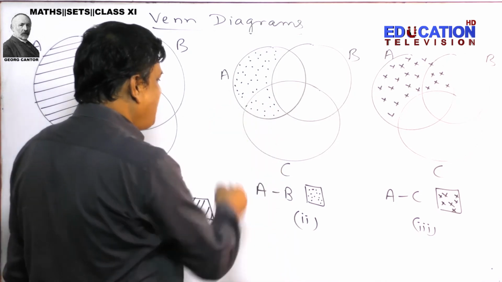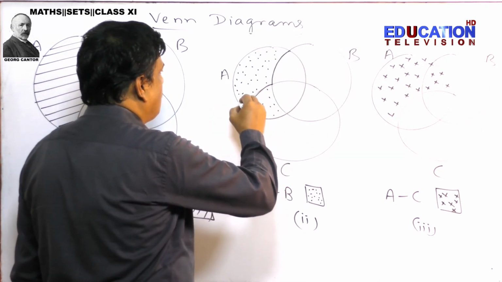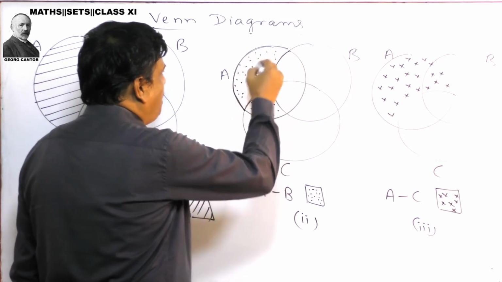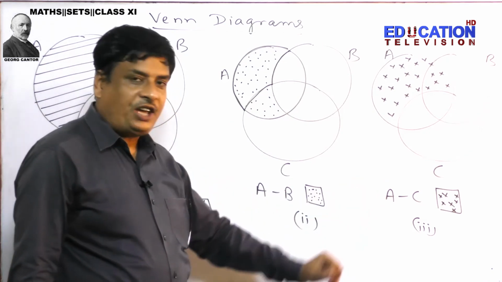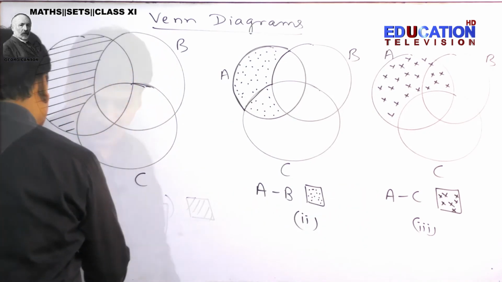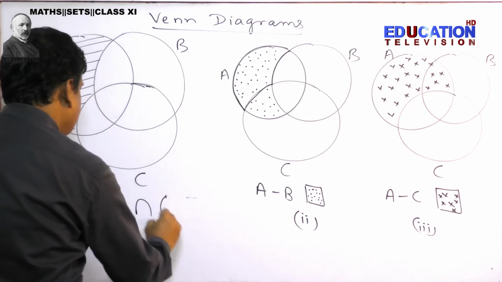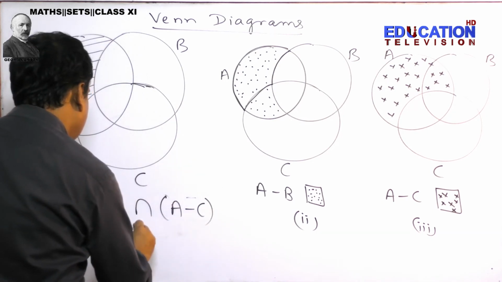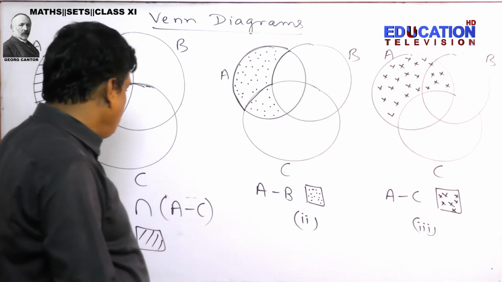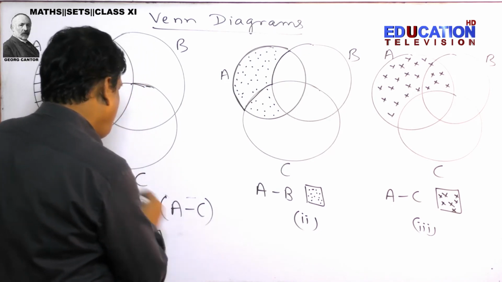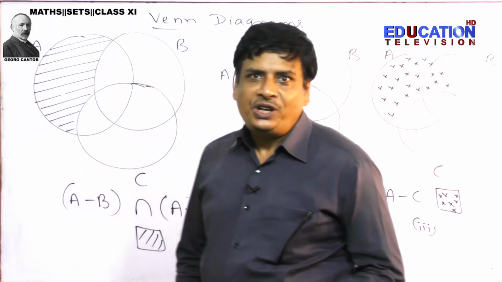So this part is common for A minus B and A minus C. This common part is shown in this figure, which is also A minus (B union C).